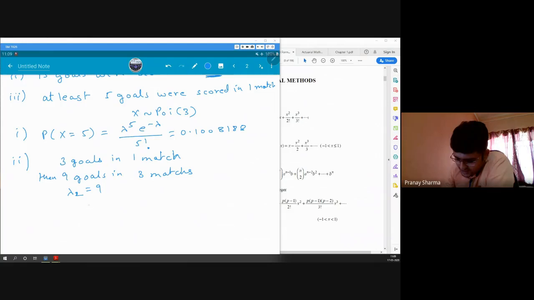So we'll say our x2 will follow Poisson lambda 2. Here the probability that x2 will be equal to 15 will be lambda 2 raised to 15, e raised to minus lambda 2, divided by 15 factorial.